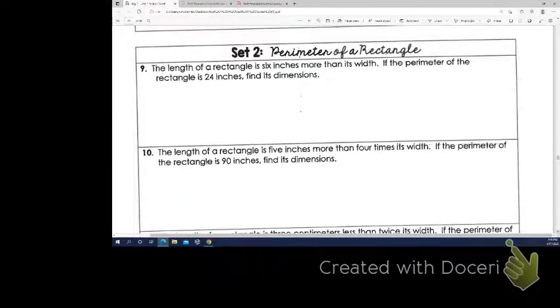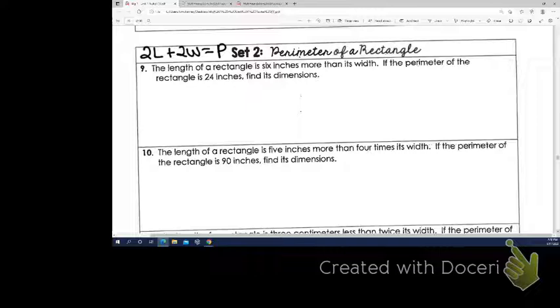So first, let's consider that you've probably, and this paper is kind of assuming that at some point we have learned that 2 lengths plus 2 widths make up the perimeter of a rectangle. Right? There are 2 sides, the top and bottom, the lengths are the same, and the widths are the same. So instead of saying length plus width plus width, 2 lengths plus 2 widths is equal to the perimeter.